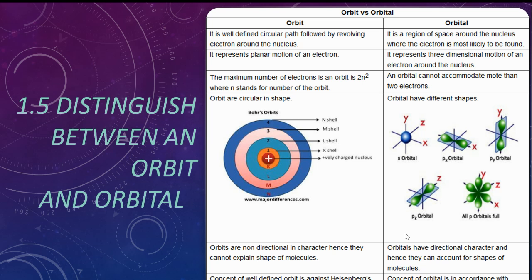So the concept of Heisenberg is against the orbit, whereas in the case of the orbital the Heisenberg principle is in accordance. These are the differences between the orbit and the orbital.